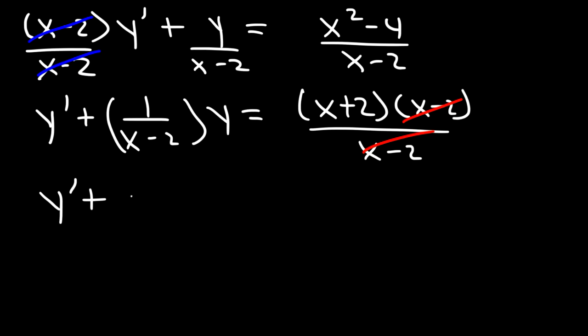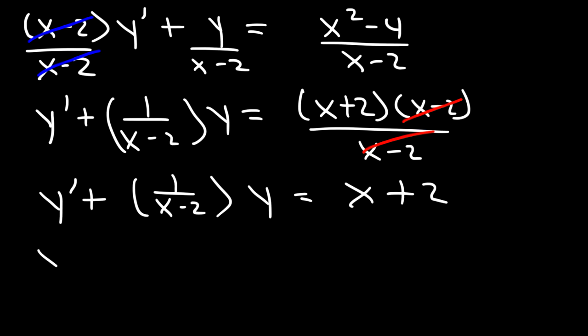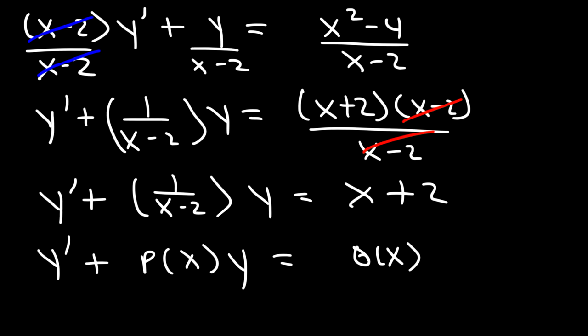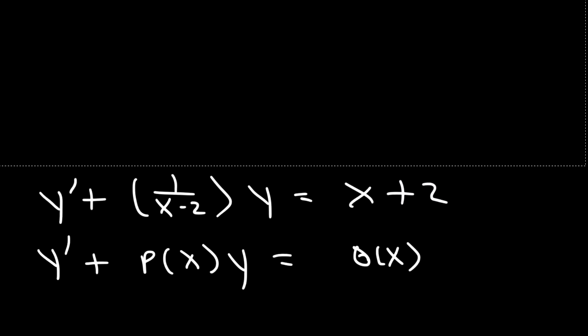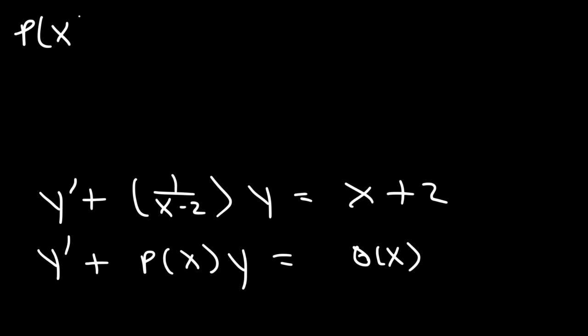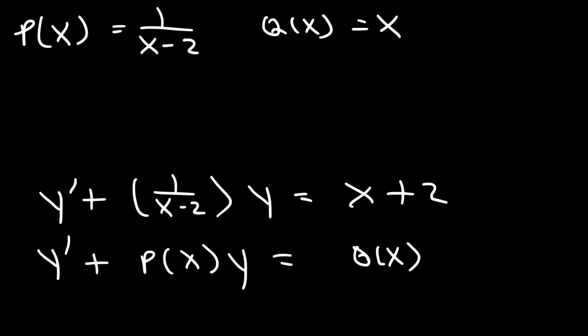So the equation in standard form is as follows. So we can see that p of x is 1 over x minus 2, and q of x is x plus 2.